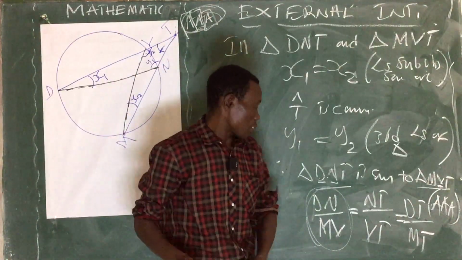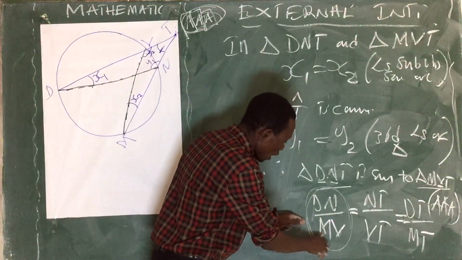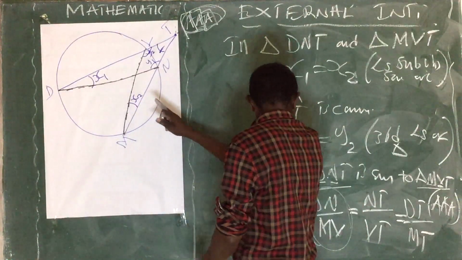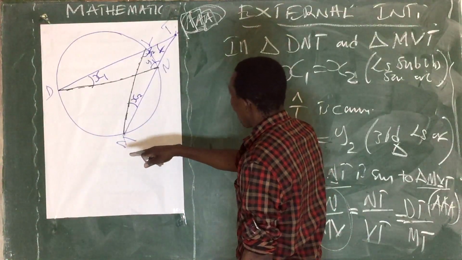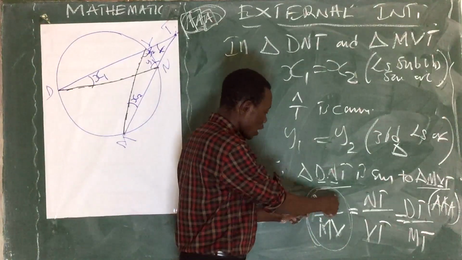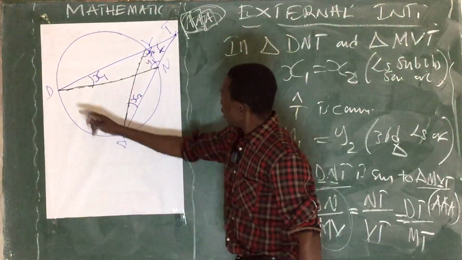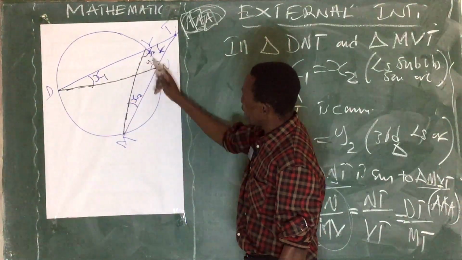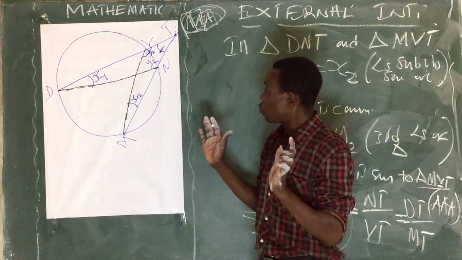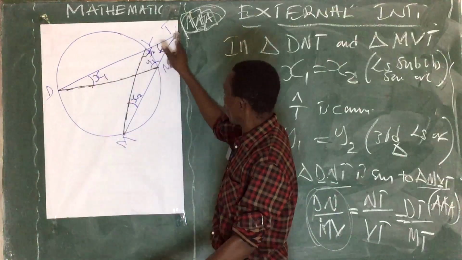If I talk of DN to MV, I'll be talking of the parts like here. Not necessarily this one, this one does not help us anything. DN and MV are just lines which are part and parcel of the construction. We want ratios which are pure, a target of our interest.